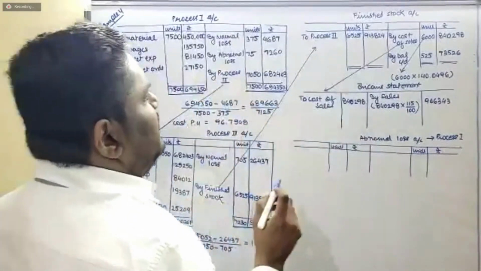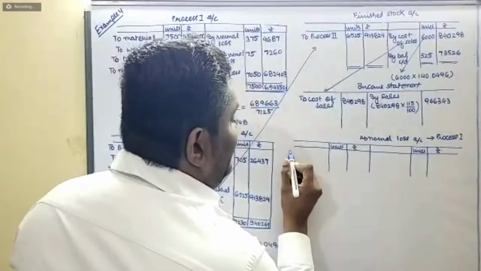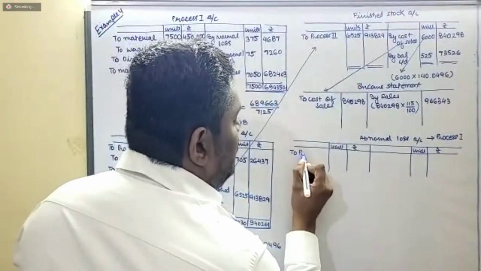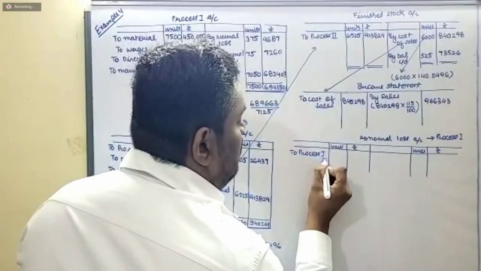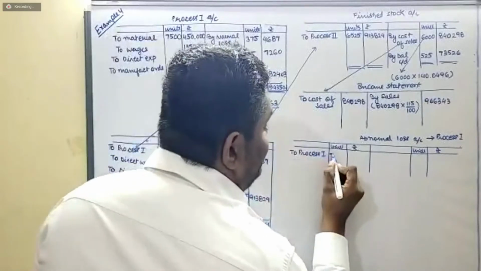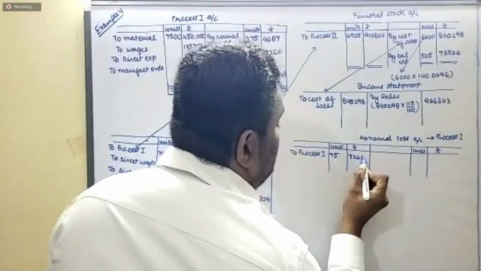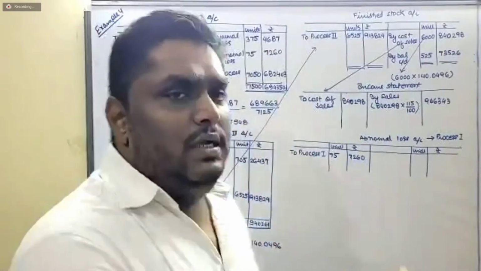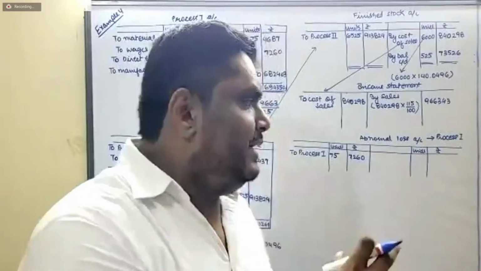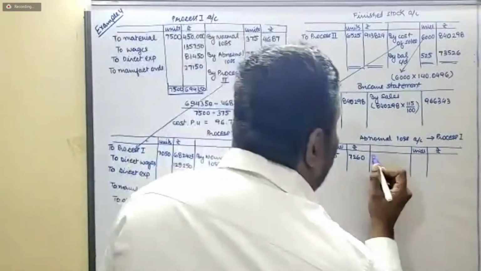The abnormal loss for process first is 75 units. So to process first, 75 units, and the value is 7260.